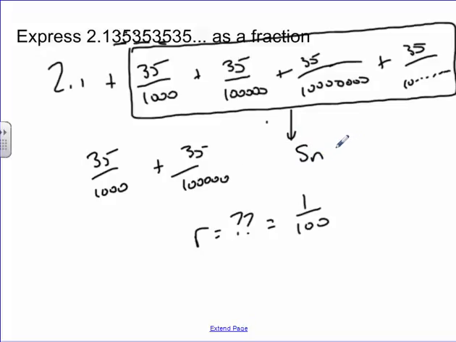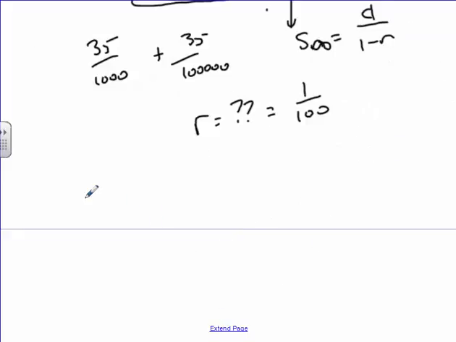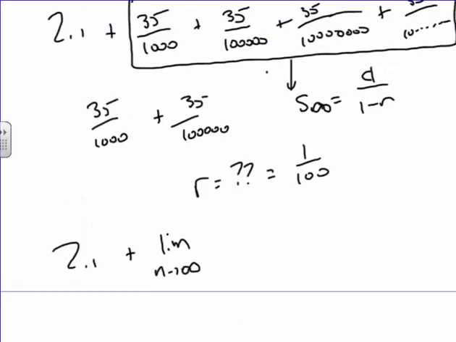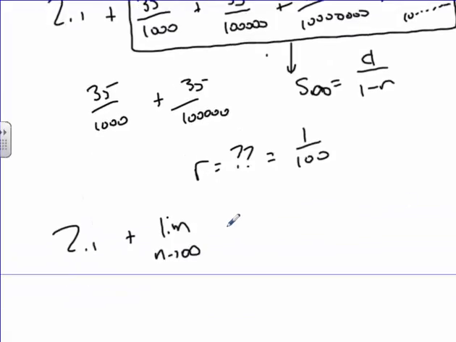If I want to find the sum of all of this, I have that formula. Because it's going to go to infinity, the formula is a over 1 minus r. So this is equal to 2.1 plus the limit as n approaches infinity of, the way it's working here, 35 over, say, 1,000 times 1/100 to the n.